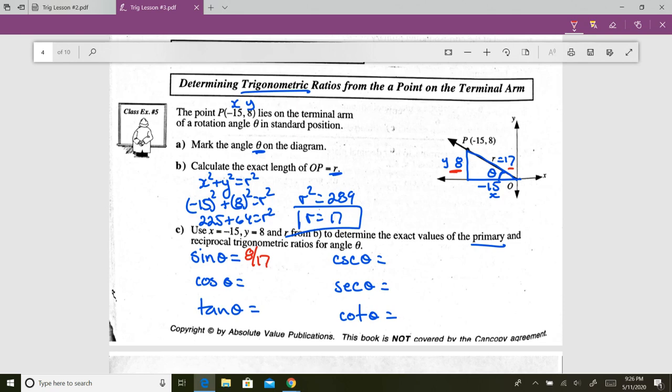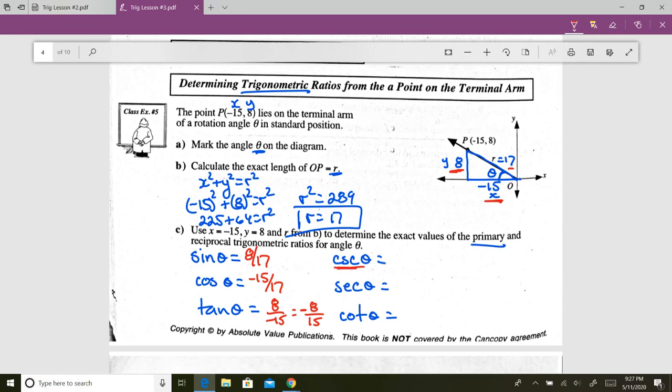Cosine is adjacent over the hypotenuse, negative 15 over 17. Tangent is opposite over adjacent, so 8 over negative 15. Normally you just write it as like that. Or you could have the negative floating in the middle. Doesn't really matter. All right, now once you have those to get the reciprocal ones, just flip all the answers.